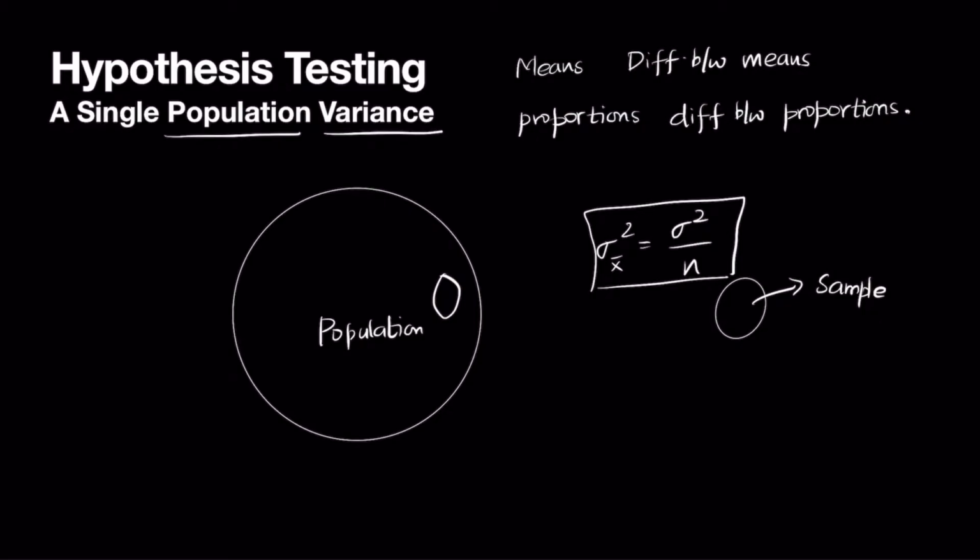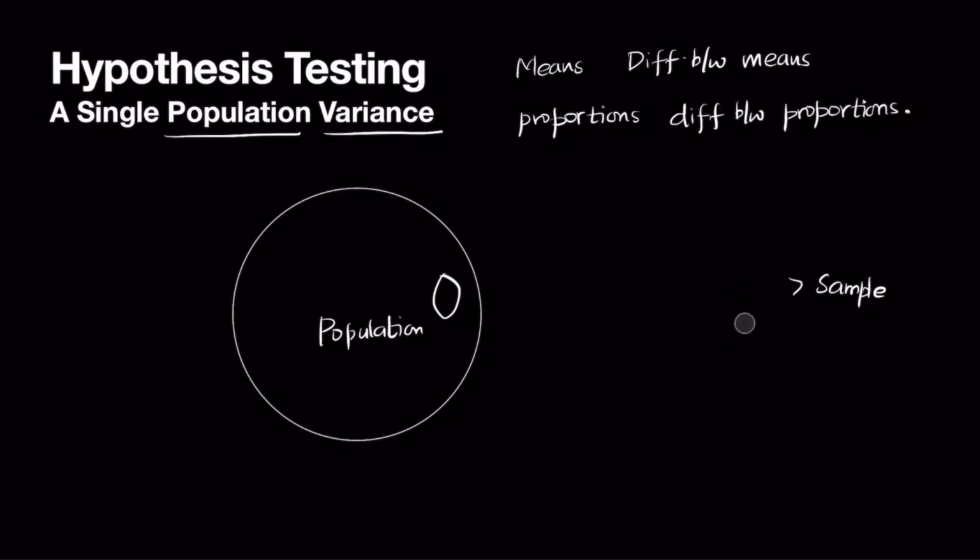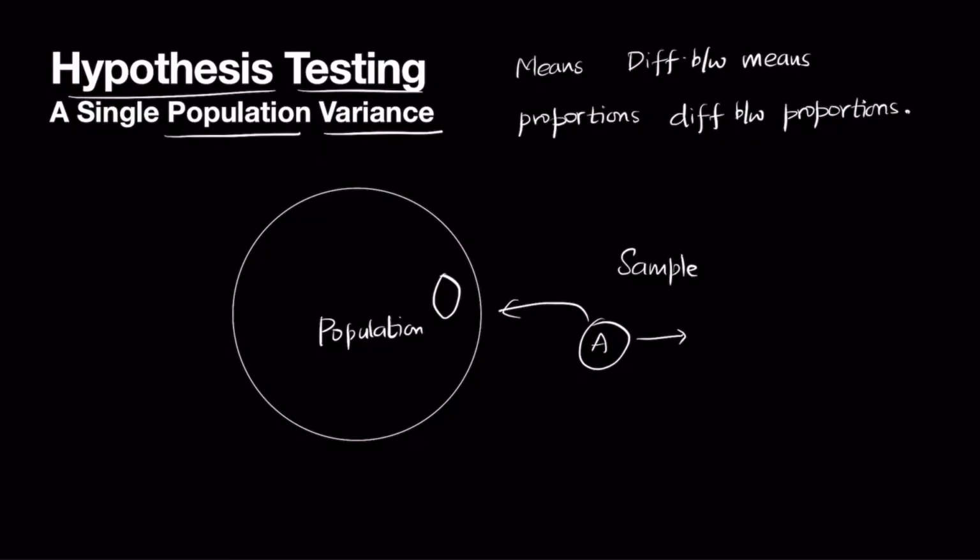What we are checking here is whether the sample is from a particular population or not. So I have a sample here, let's call it A, and is this sample really from this population or some other population? How do we know and how do we test this? The only way to test this is to conduct a hypothesis test.